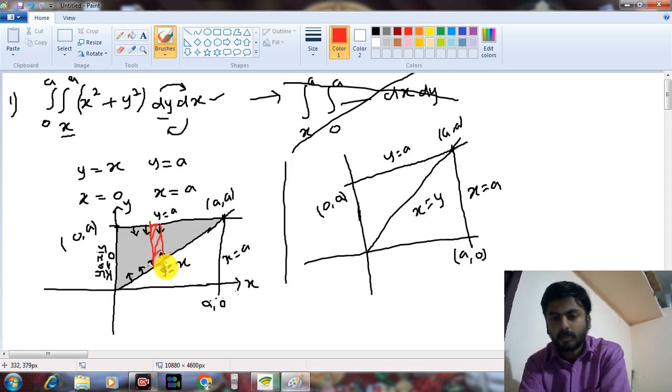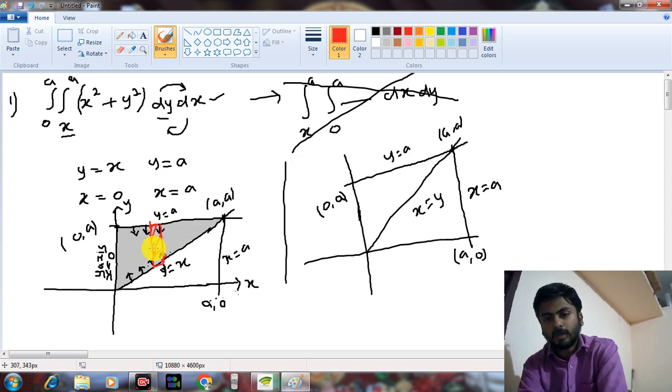Okay, so this is our internal strips. Now we want to change the order.